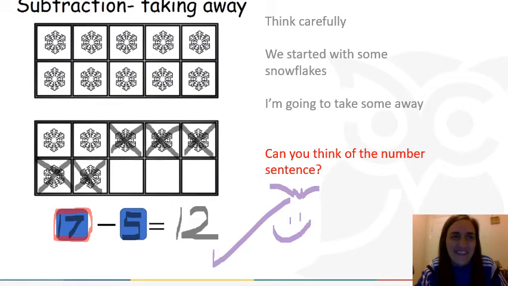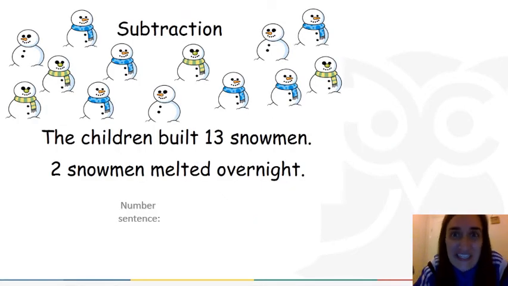Well done, everyone. You know, there's been quite a lot of snow recently. Well, some children built 13 snowmen. Can you count them all? But unfortunately, 2 melted overnight. How could I show that 2 melted overnight?